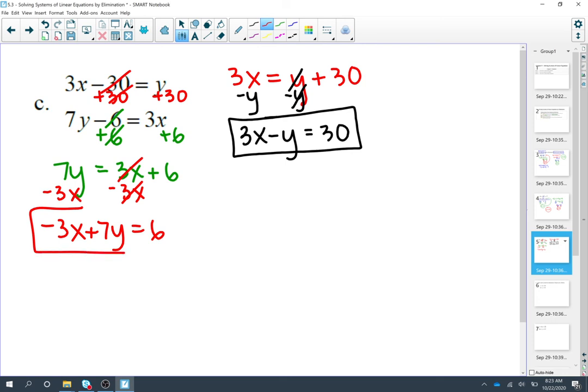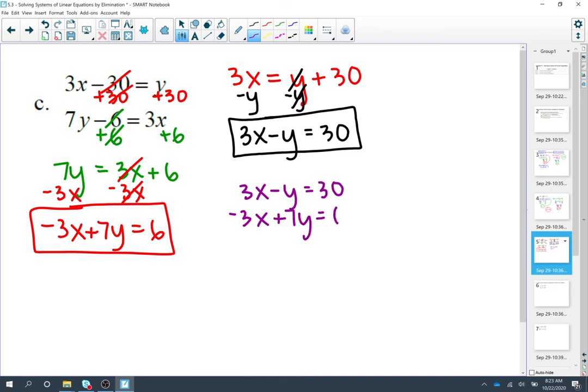So now I have that in the same order: the x and then the y and then the constant. Now I'm going to stack them. So I have 3x minus y equals 30, and I'm going to stack that with my negative 3x plus 7y equals 6. Now I have everything lined up.